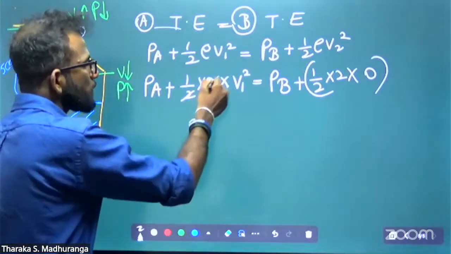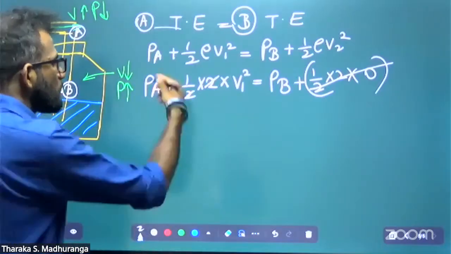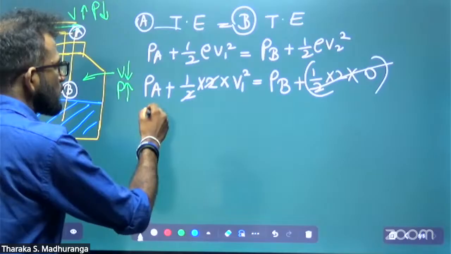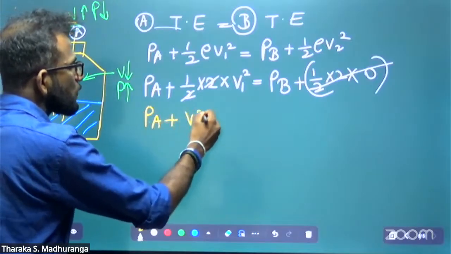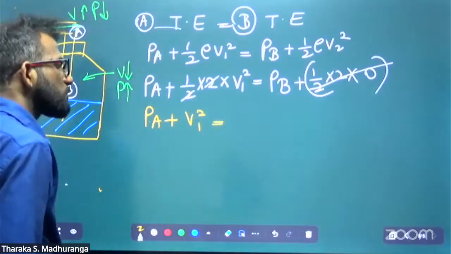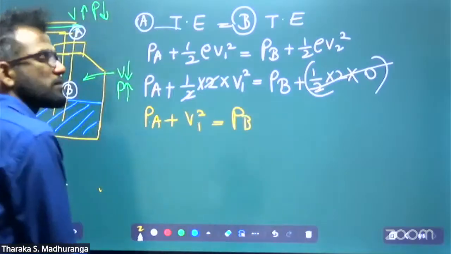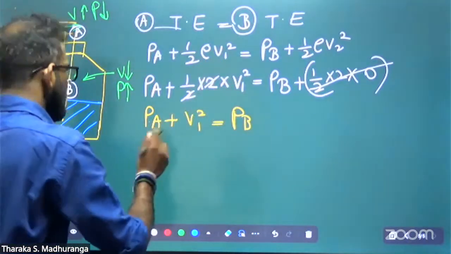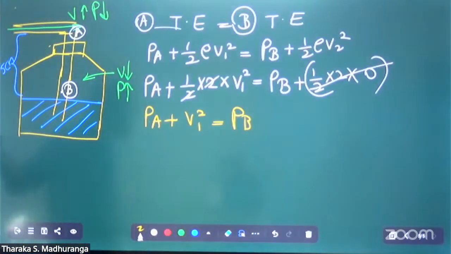Now 2 and 2 cancel out. This part all cancels because it is 0. Now PA plus V1 squared equals PB plus 0. Now tell me, is PA or PB the higher pressure?